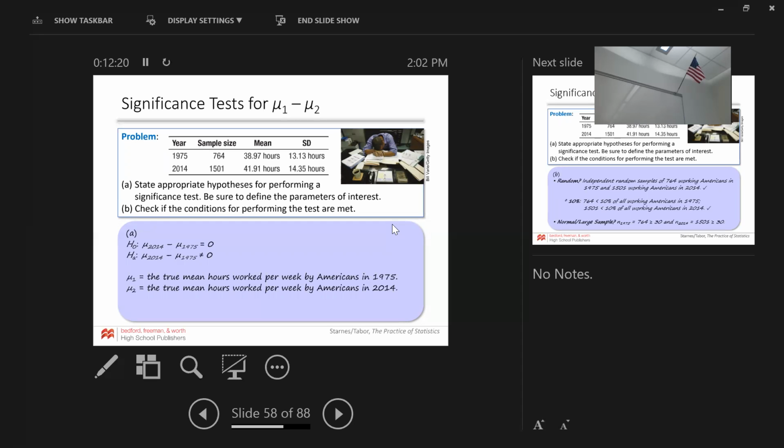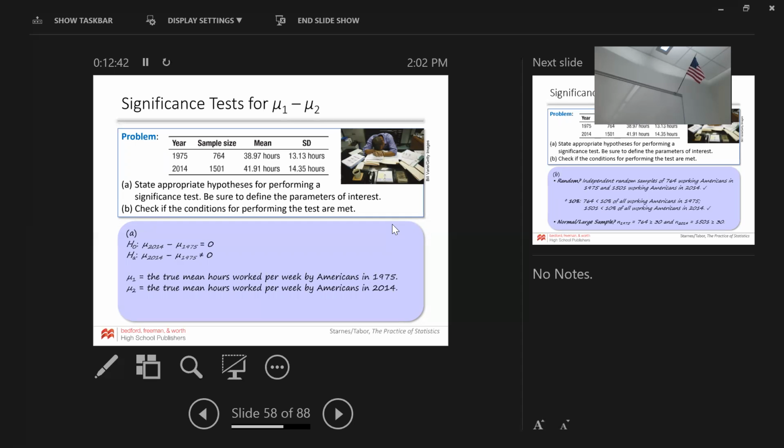The interval is 1.75 to 4.12, yes? Yes? What's not in the interval? Zero. See, the null is that zero's in the interval.